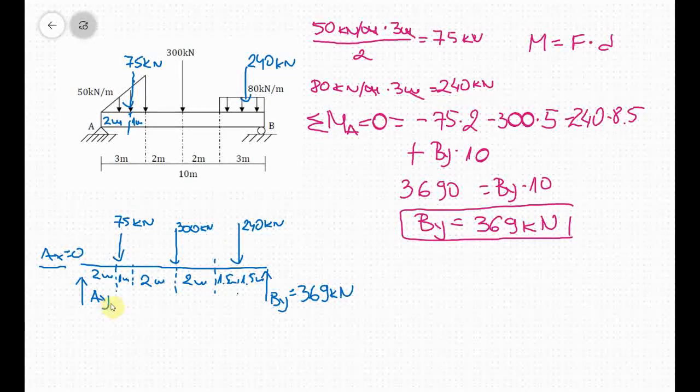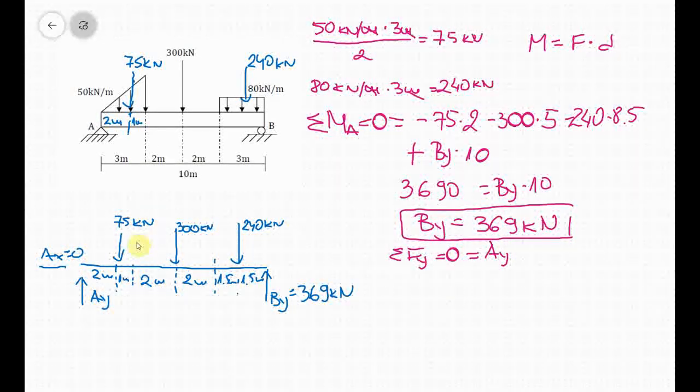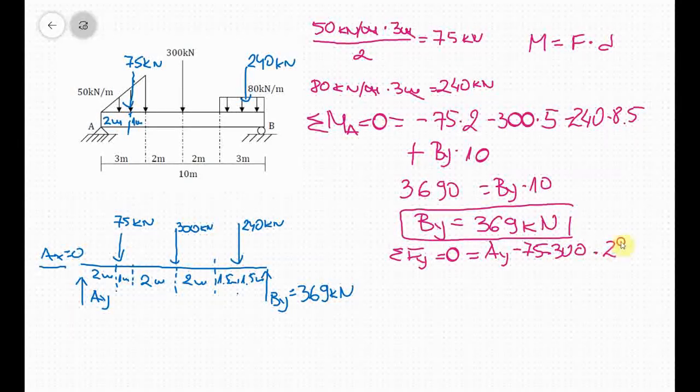Now for Ay. If we sum the forces in the y direction, we got sum of the forces in the y is equal to 0, and that is equal to Ay, which is the unknown, minus 75. It is minus because 75 goes down, then minus 300, minus 240, so it should be minus here, plus By of 369.